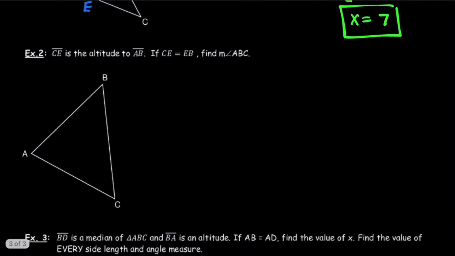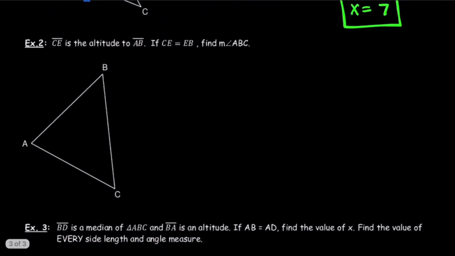All right, our next example. CE is the altitude to AB. So I have to start at C and draw a segment that's going to be perpendicular. It forms a right angle. So we have to be good at estimating right angles to kind of draw it in accurately.